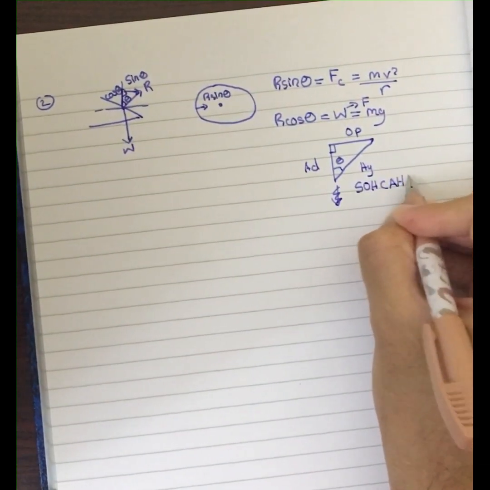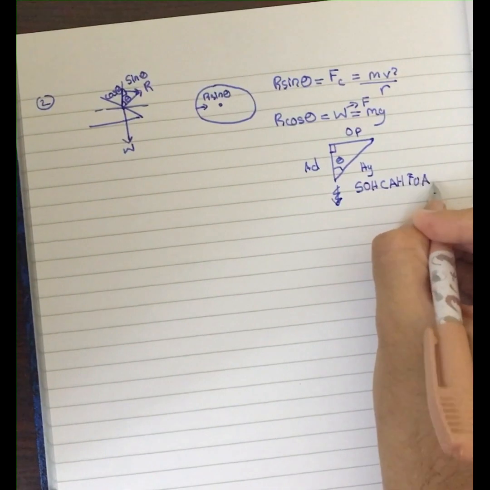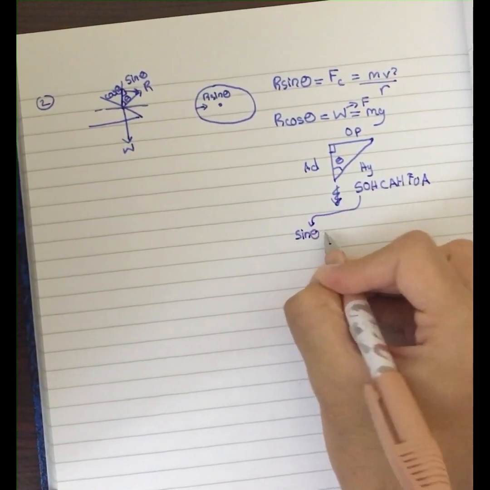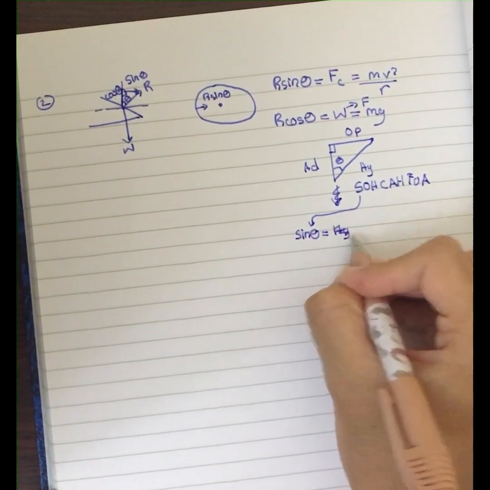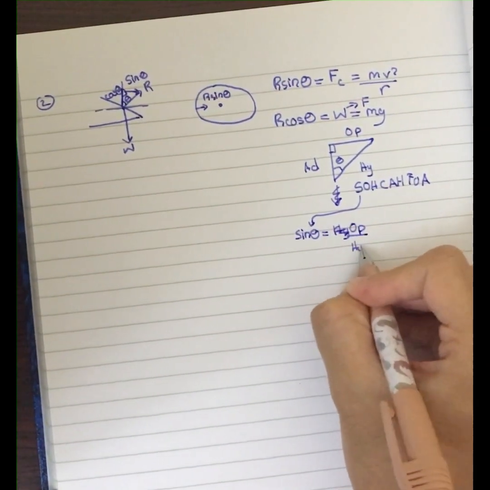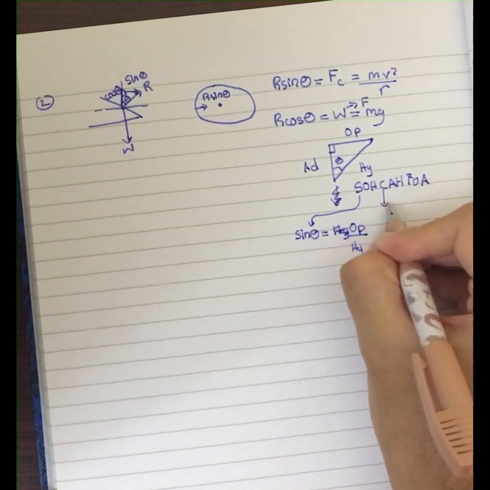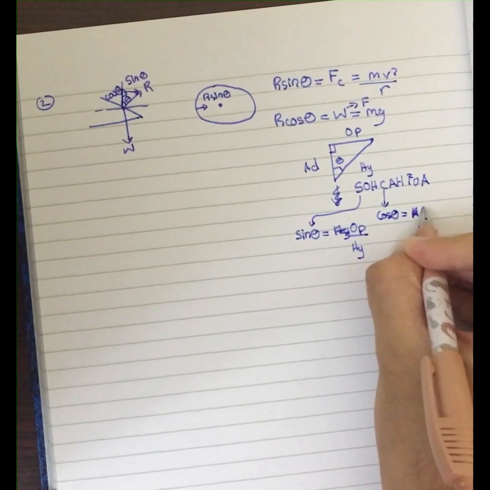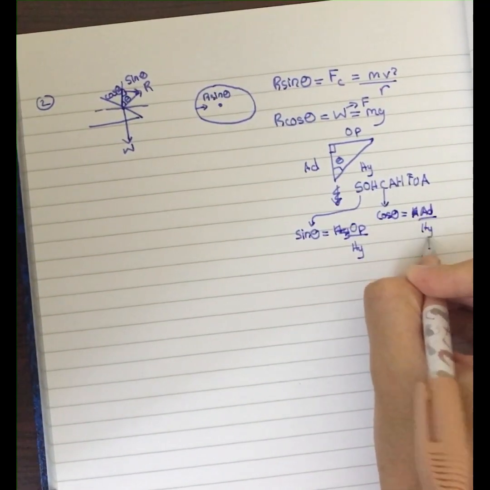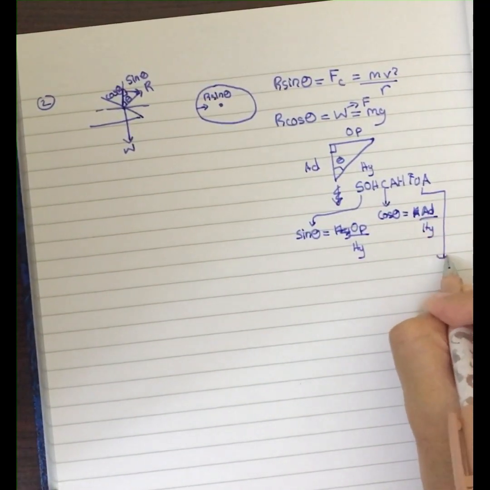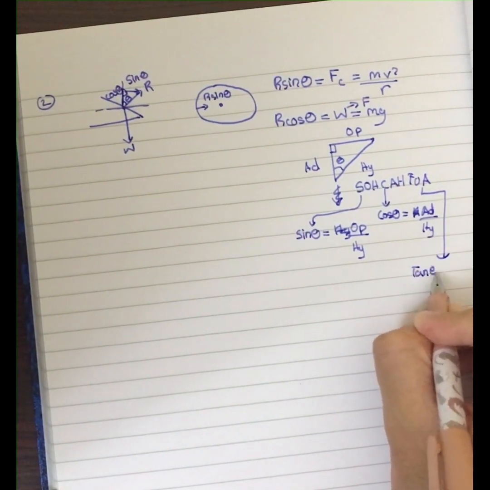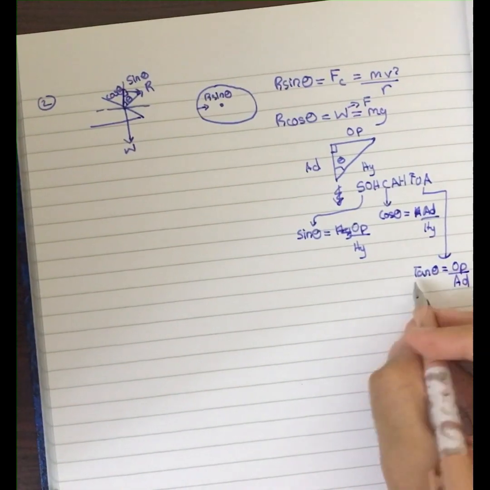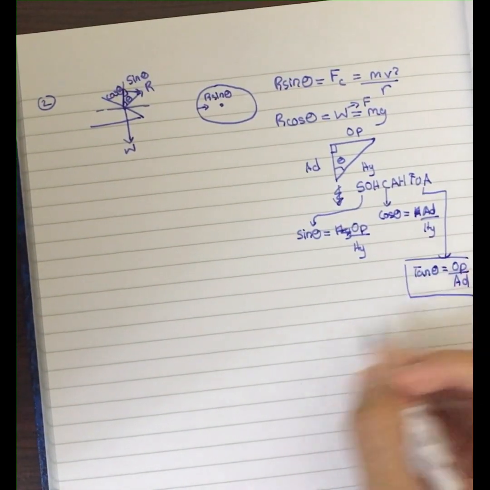Sine theta equals opposite over hypotenuse, cos theta equals adjacent over hypotenuse, and tan theta equals opposite over adjacent, right? So we're going to use this formula right over here.